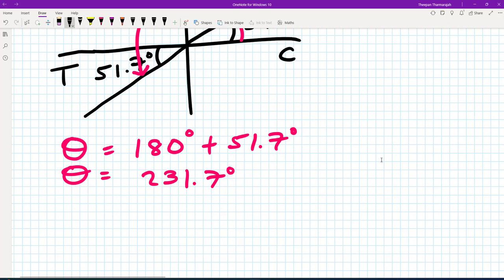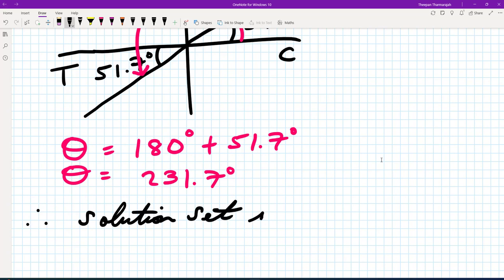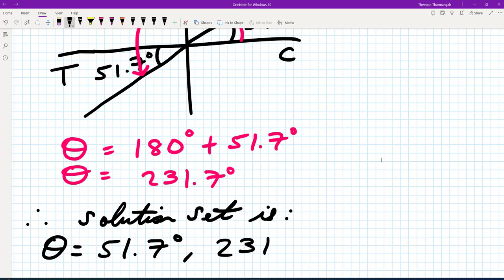So we can say, therefore, our solution set is theta equals 51.7 degrees followed by 231.7 degrees, rounded correct to 1 decimal place, are our solutions.